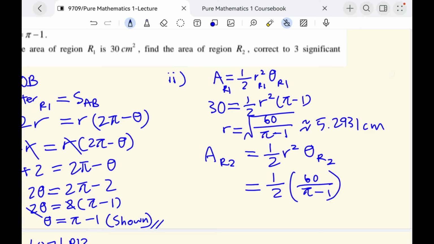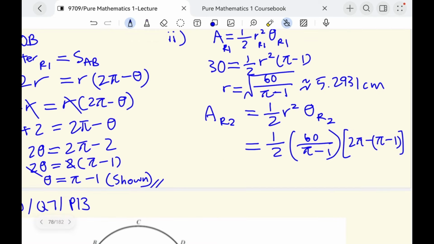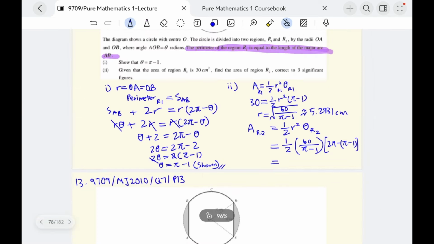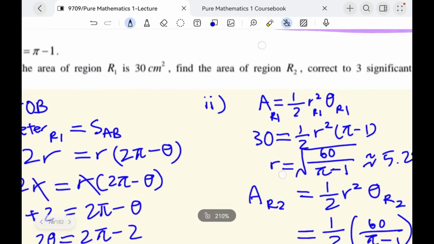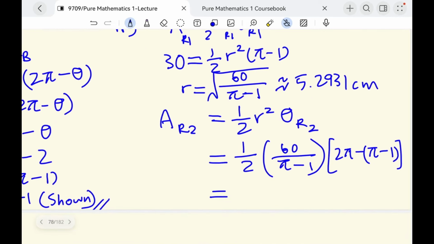Because this R is in surd form, if you square it, you can cancel the square root and the square. For the theta, you will have 2 pi minus 1.